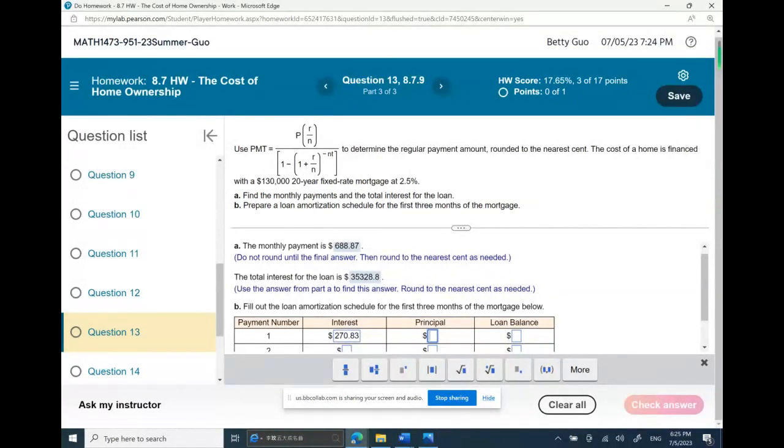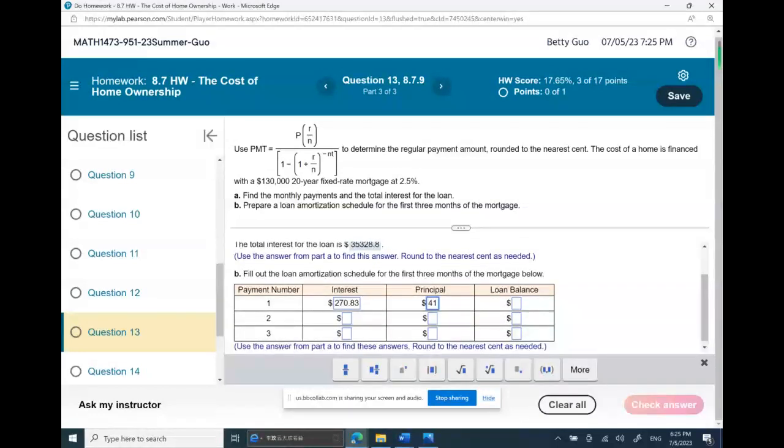We use 688.87 minus 270.83. I have 418.04.